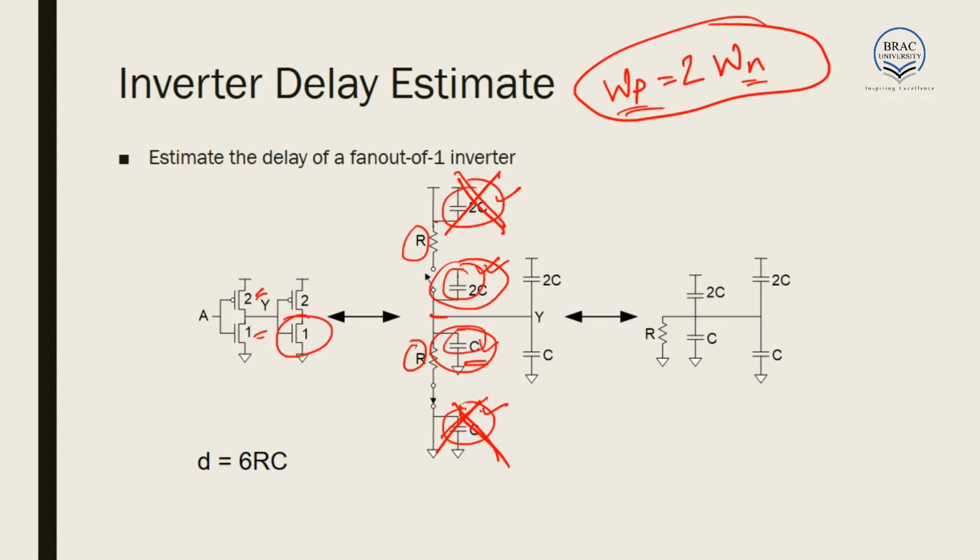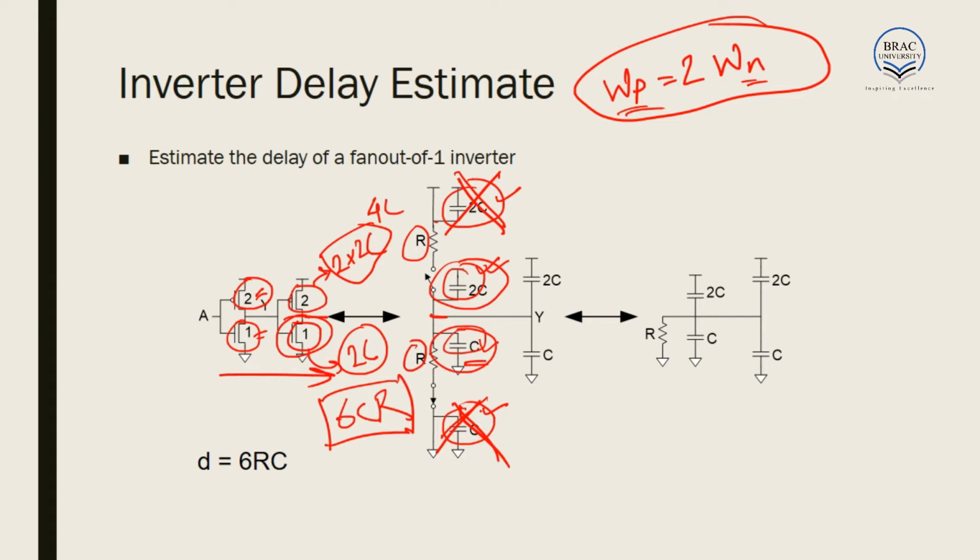So in the case of 2 back-to-back inverters, at the output we have 2 PMOSes and 2 NMOSes. The 2 PMOSes contain 2 into 2C, that is 4C capacitance, and the 2 NMOSes contain 2C capacitance. So the total capacitance would be 2C plus 4C, equal to 6C, and the resistance of one side is R. So the total delay is equal to 6RC. One thing to be noted: why aren't we considering the resistance of both sides and saying it's twice R?